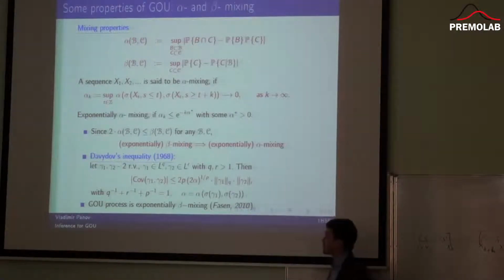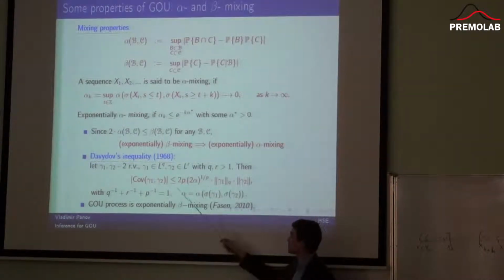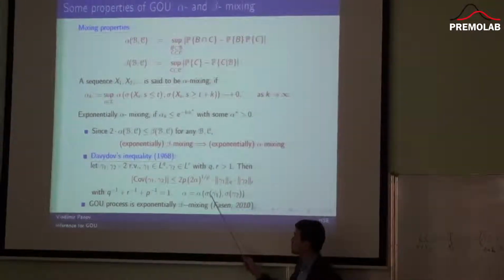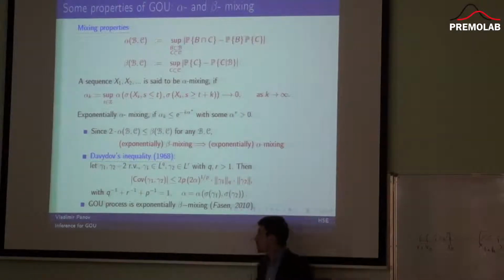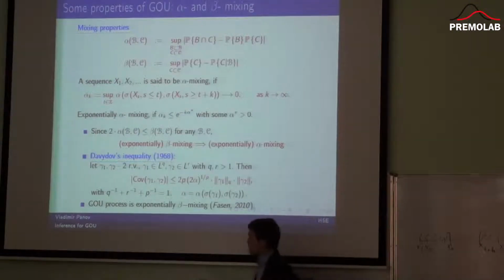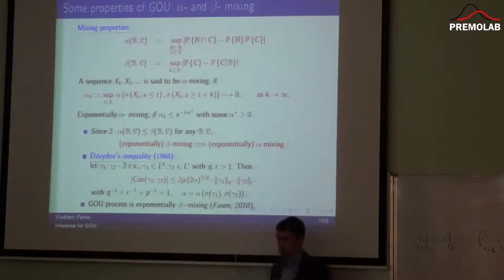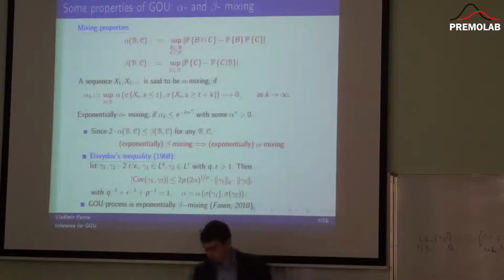More precisely, if we take two random variables, gamma 1 and gamma 2, then it turns out that the covariance between them is less than or equal to some bound, where alpha is the alpha mixing coefficient between the sigma algebra generated by gamma 1 and the sigma algebra generated by gamma 2. And it was proven in one paper by Fasen, 2010, that the generalized Ornstein-Uhlenbeck process is exponentially beta mixing. Therefore, we can use this theory for proving some theoretical facts, which I will describe later.